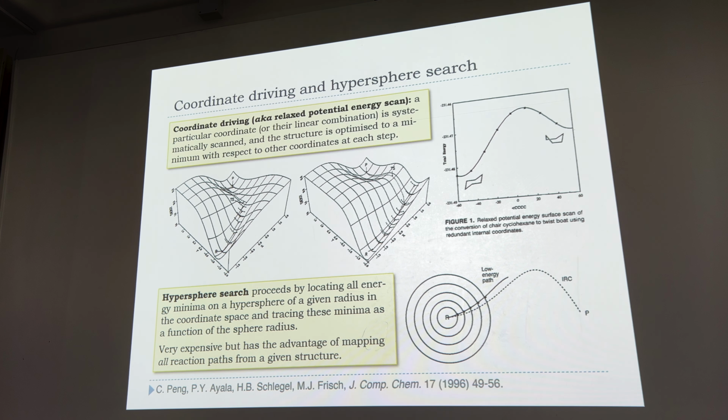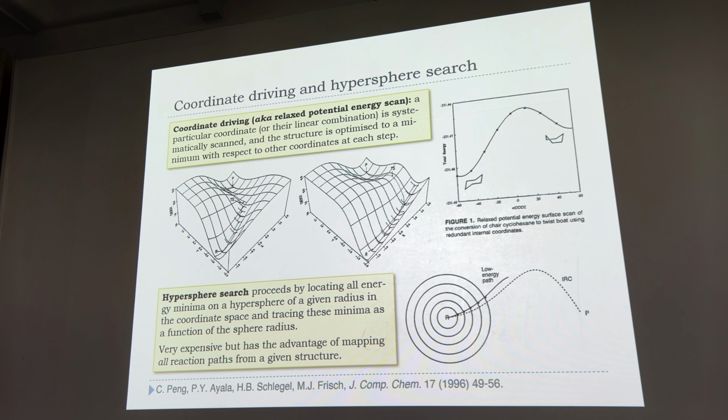One bulletproof way of doing this, but a very expensive one, is called hypersphere search. You could in principle just take your starting coordinates in the multidimensional space of every Cartesian coordinate of every atom you have, and scan every displacement there is by a particular radius in that high-dimensional space.